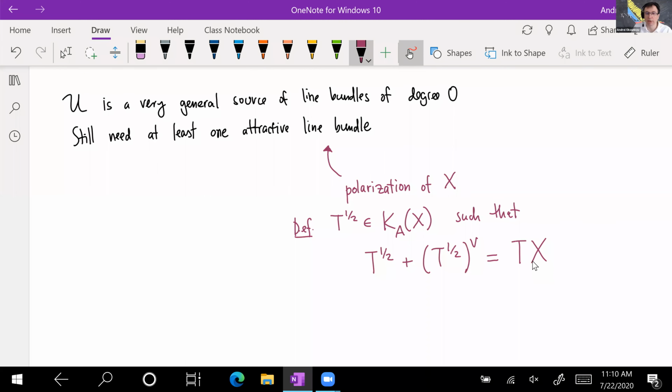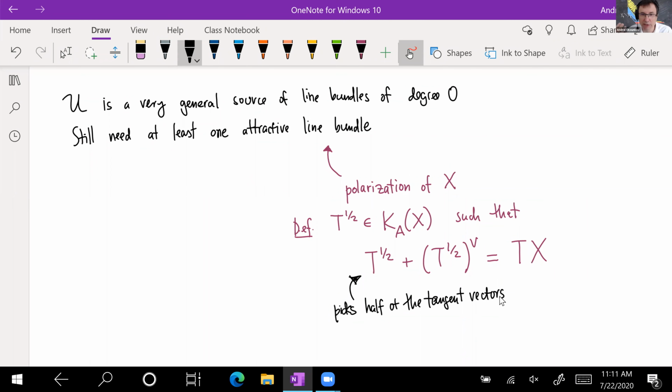So this is a way to select half of the tangent bundle.